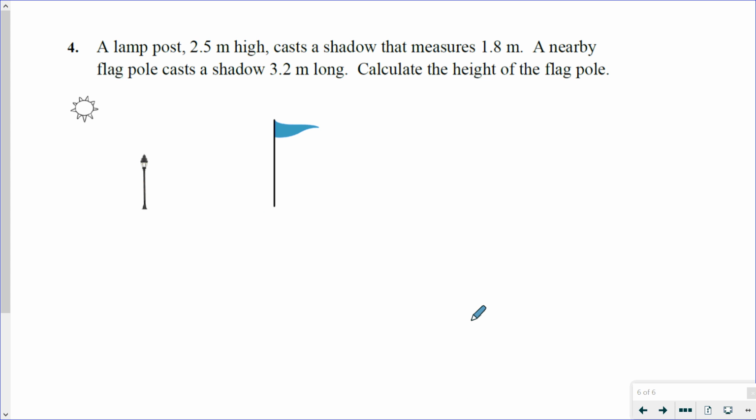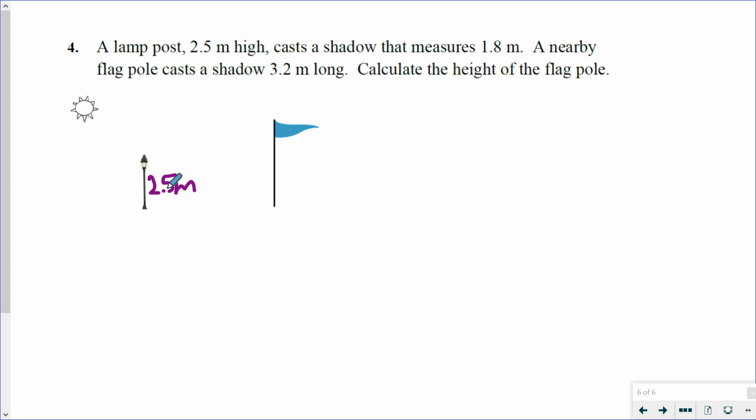Now the last problem is dealing with shadows also, but this time the pictures are not complete. So here you have a lamppost that is 2.5 meters high. So the height of this lamppost is 2.5 meters. Label it.